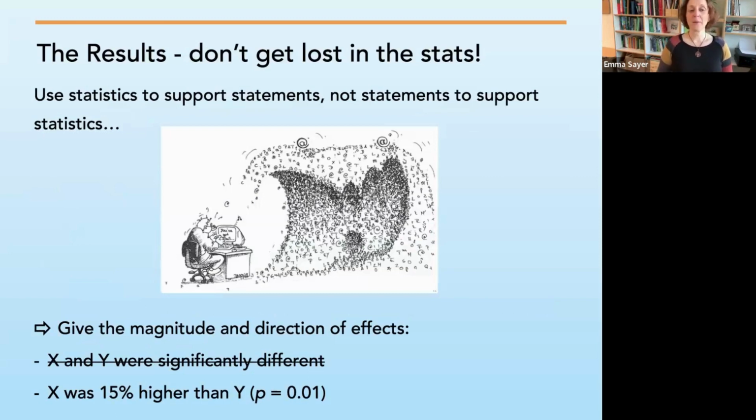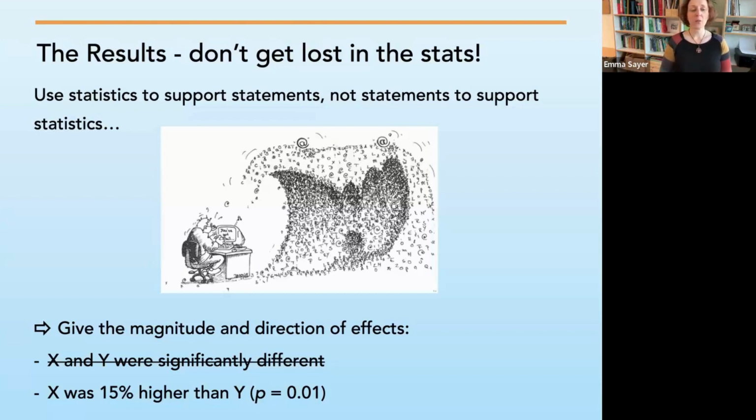But basically, the other thing is also to remember to give the magnitude and the direction of effects. So I often see something in the paper like X and Y were significantly different. And this tells me nothing. It doesn't tell me how they were different.